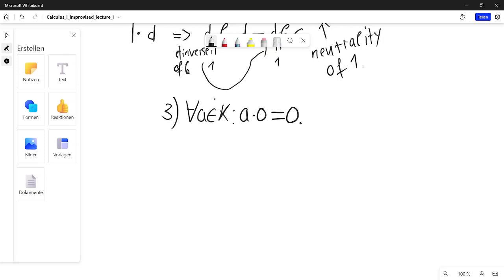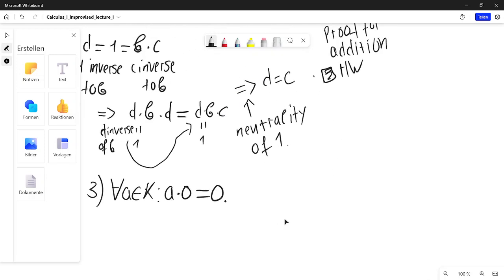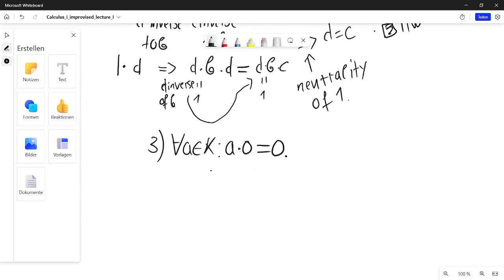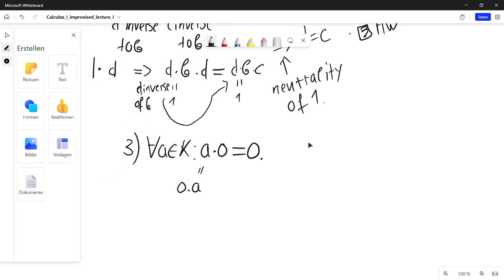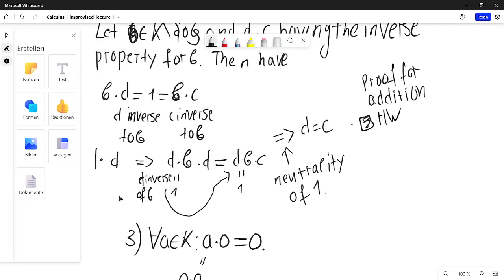So this familiar property is now abstractly derivable from already stated properties in the definition. Right, and of course it's the same as 0 multiplied by a. So you can think about how to prove that.